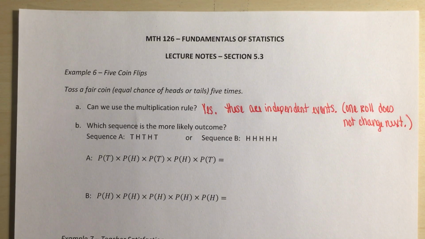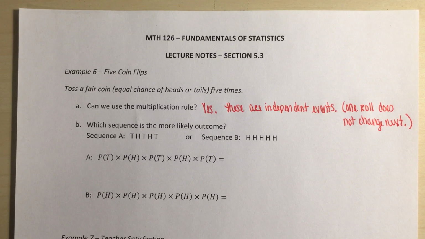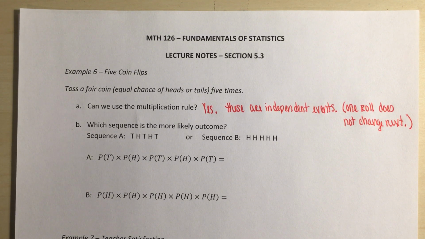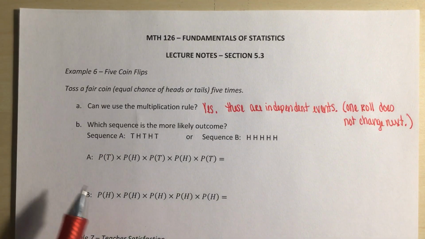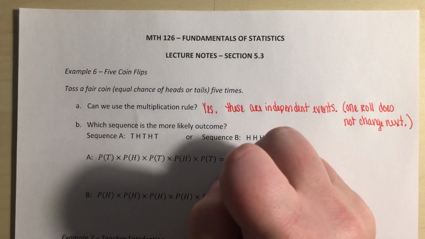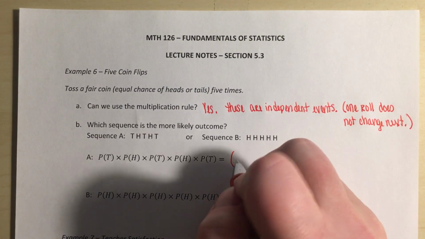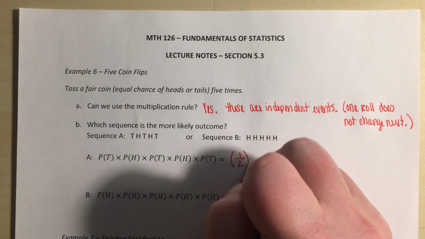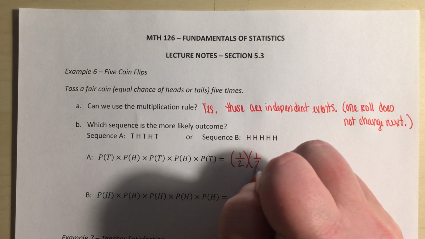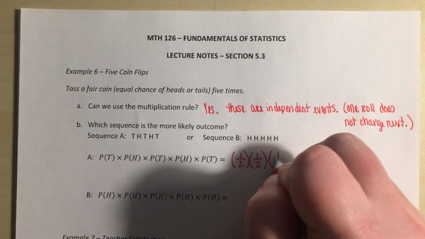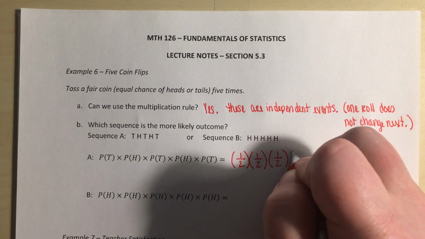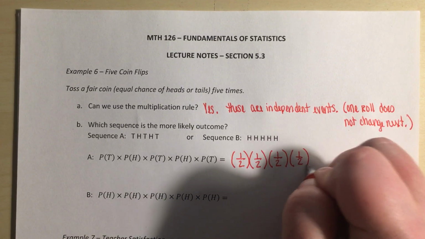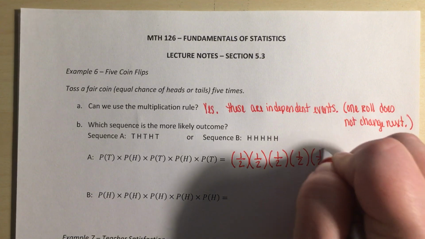For part B, we're asked which sequence is more likely: sequence A, tails, heads, tails, heads, tails, or sequence B, all heads. Let's work through and figure this out. We multiply all of our probabilities together. Tails is 1 out of 2, heads 1 out of 2, tails 1 out of 2, heads 1 out of 2, tails 1 out of 2.